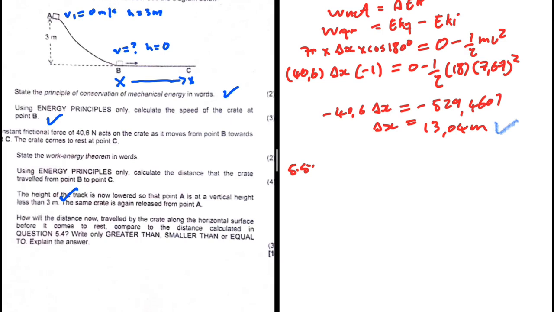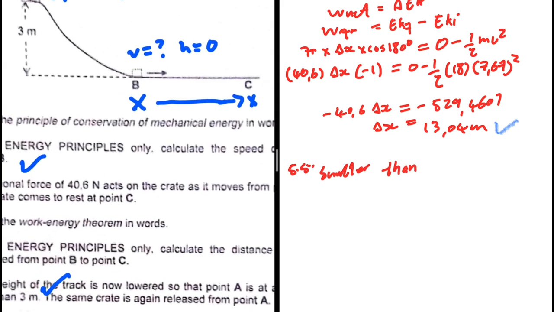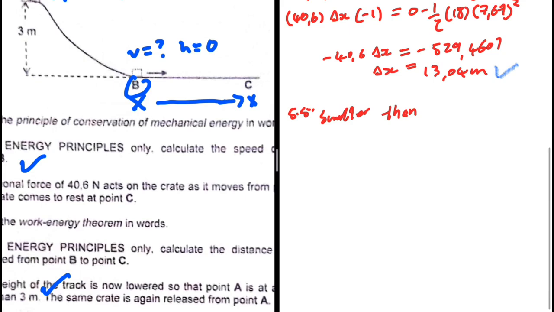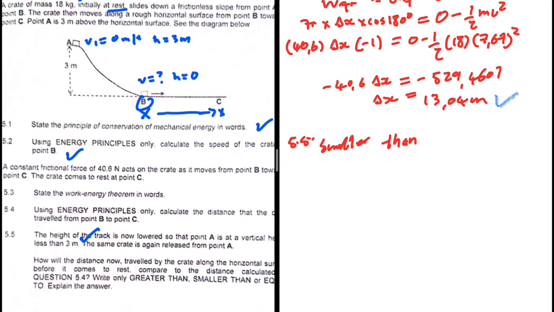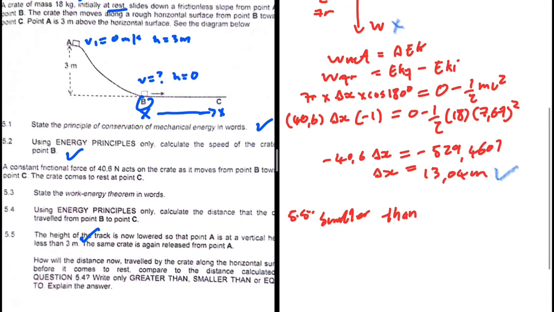I think it is going to be smaller. Why? Because the initial velocity at point B will now be less. If you lower point A, it will now be less. And if that initial velocity is less, then the distance covered is also going to decrease. I'm sure we're on the same page.